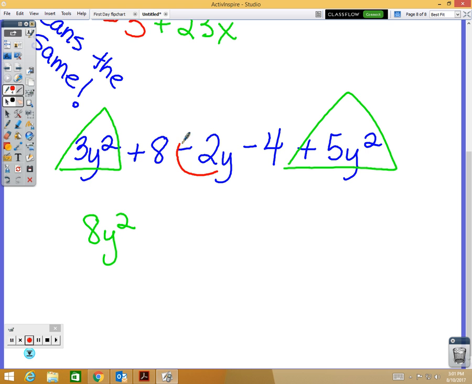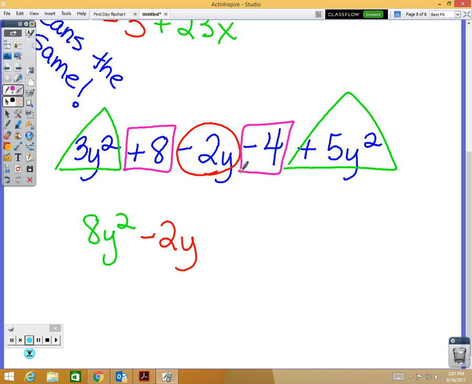I only have one of those, so that makes it pretty easy. And then you have your terms that have no variable, so they're called the constants. 8 minus 4, which is a positive 4. And that is your final answer. Okay? So you cannot combine a y to the second power with just a y.